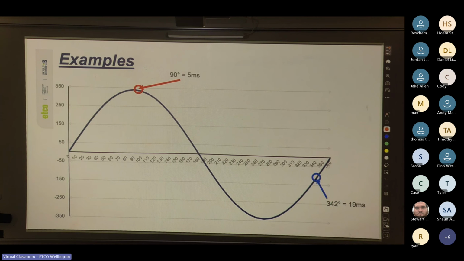Yeah, it does, because it knows that sine of that angle is a negative value because it is below the zero line.